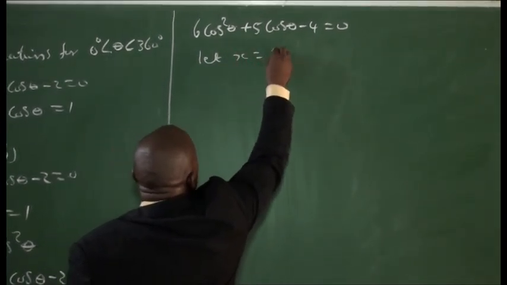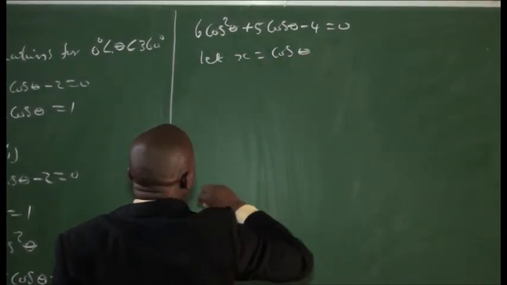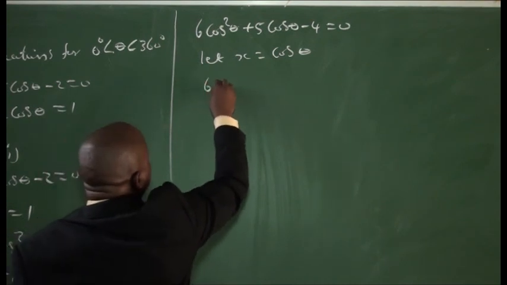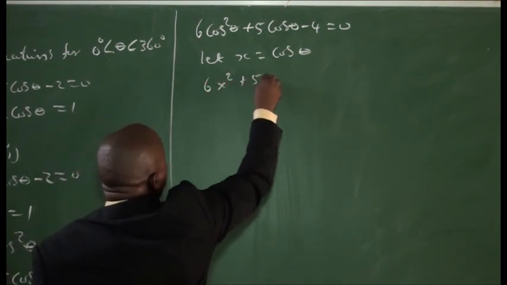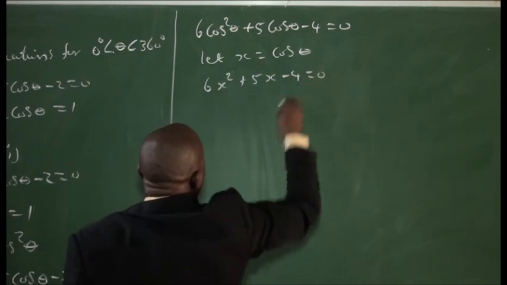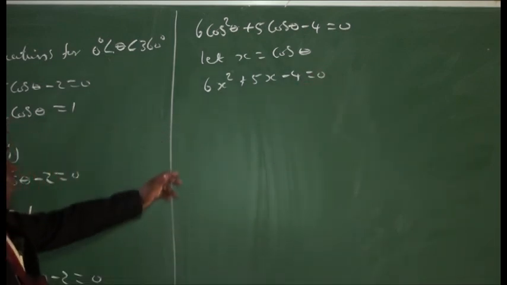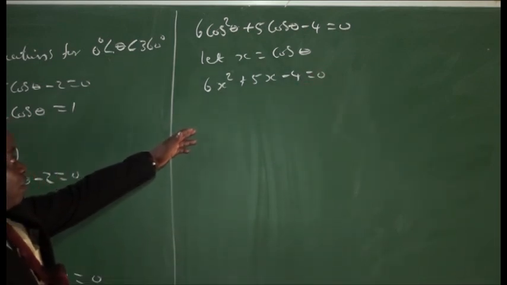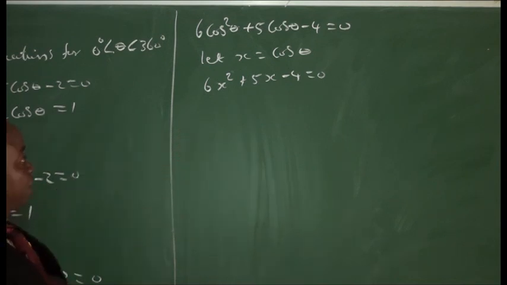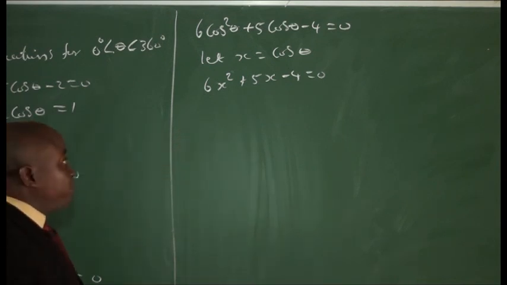Then let x equal cos theta. So we'll have 6x squared plus 5x minus 4 equals 0, which is a quadratic equation. This is a quadratic equation where the leading coefficient is not unity.